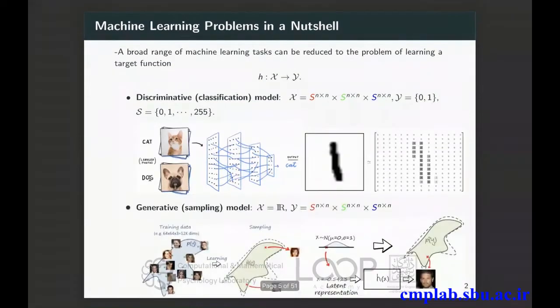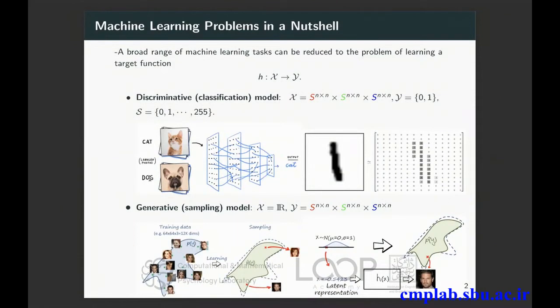The same thing can also be applied to generative models. In generative models, what we would like to do is sample from a high dimensional distribution. Probably all of you have seen the images of these celebrities. All of these images lie on a very high dimensional manifold of distribution, and we would like to sample from this high dimensional distribution.